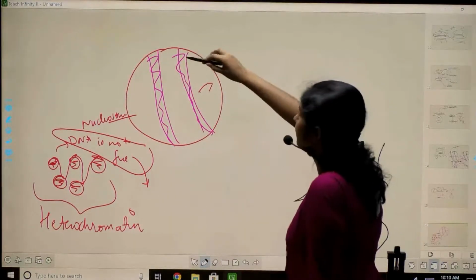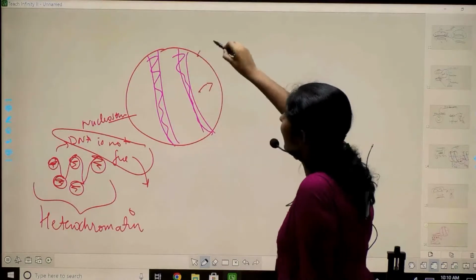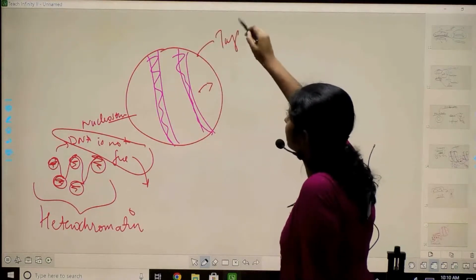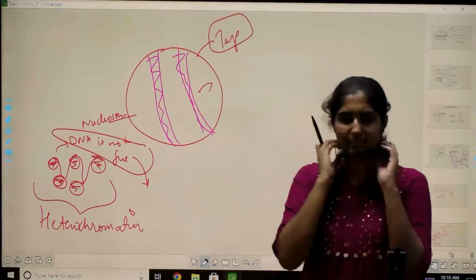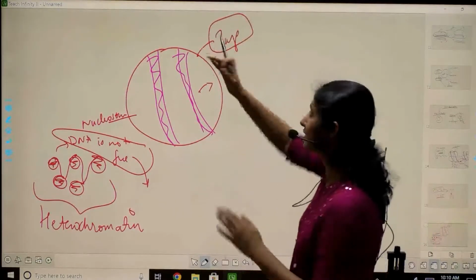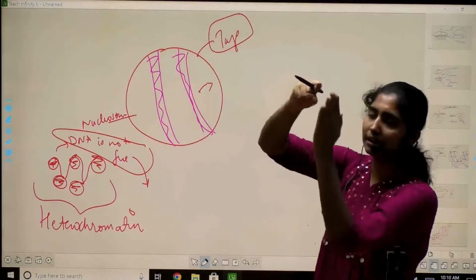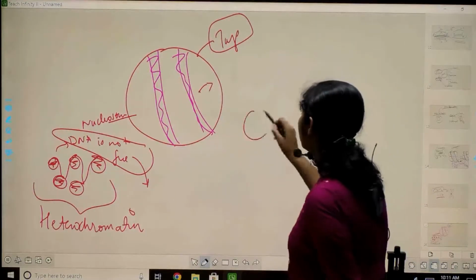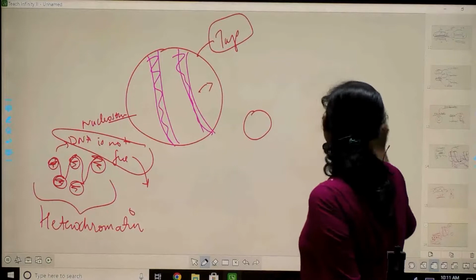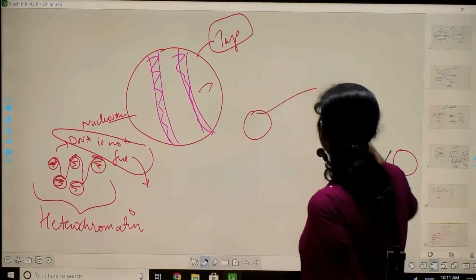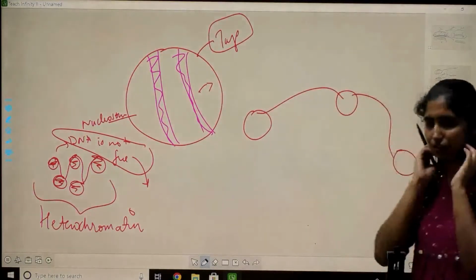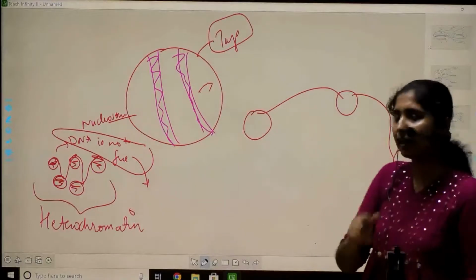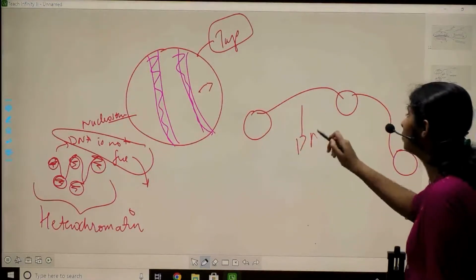For example, if this is the nucleosome, by adding certain tags like methyl, acetyl group, on adding these tags, the affinity of nucleosome and DNA can be altered, right? So in some parts of DNA, we have certain regions where the DNA is very loosely packaged, where the DNA is not very tightly packed, but exists in a loose conformation.